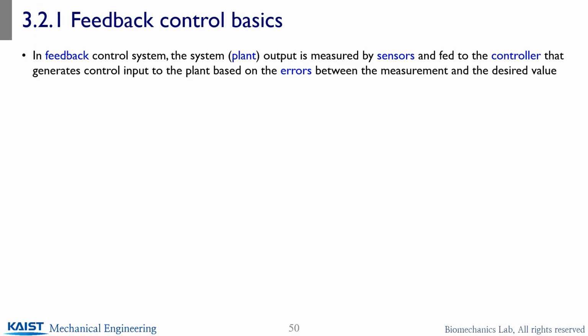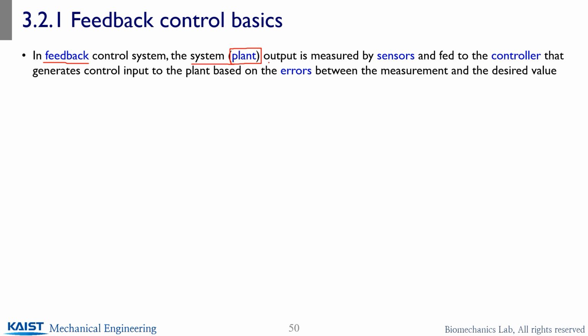Okay, for review, do you remember the feedback control you might have learned in maybe undergrad system modeling or automatic control classes? So feedback control, feedback: you actually send the signal back to the beginning place. You have a plant, the target system that you want to control, and you want to apply the control input.